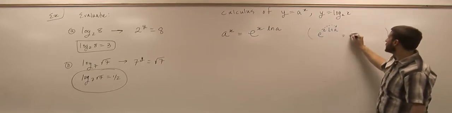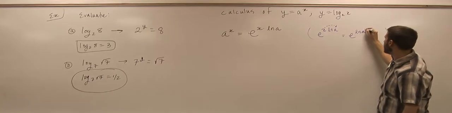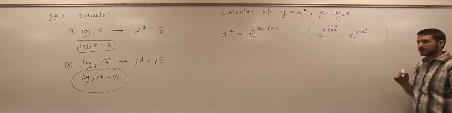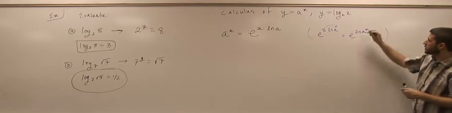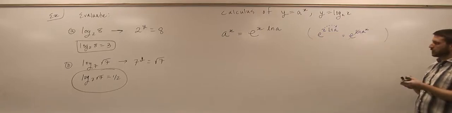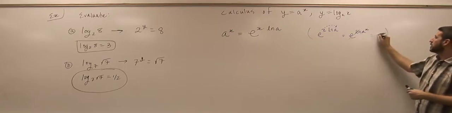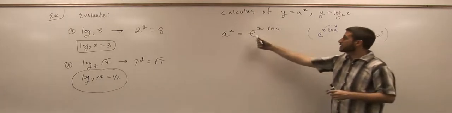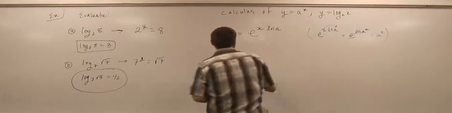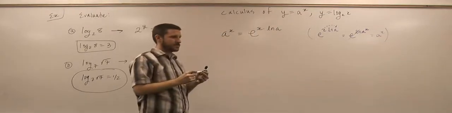And this becomes e to the ln a to the x, and e to the ln cancel, leaving you with a to the x. So e to the x times ln a is another way of writing a to the x.